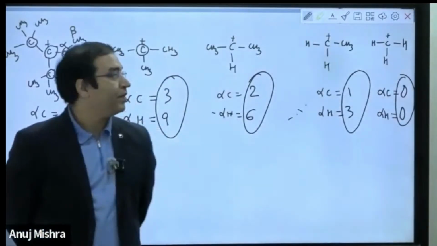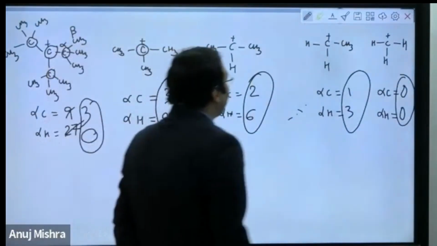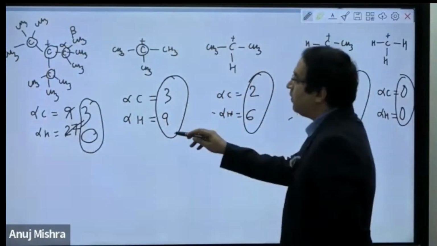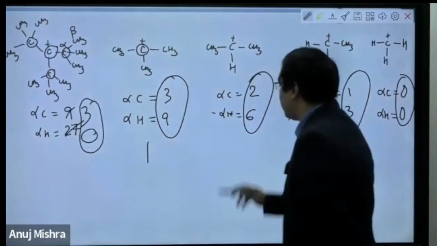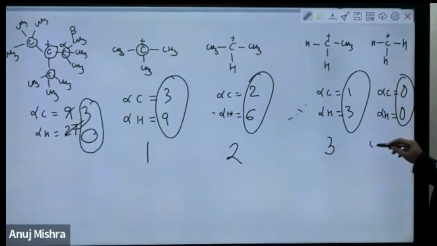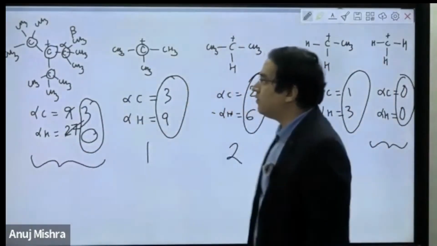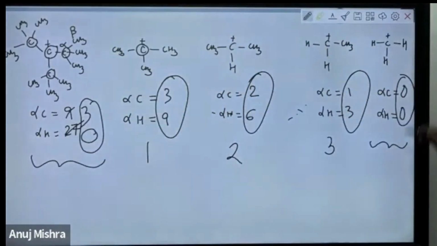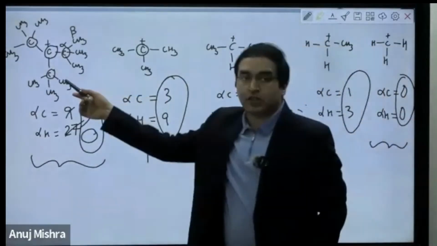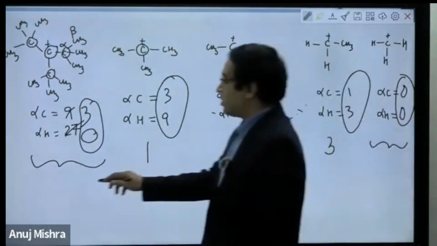Chalo, let's start then. If you see, the one which is having maximum number of alpha hydrogen will be the most stable. Then second, then third, then both are zero, so they will be fighting for fourth placement. Now, which is worse? How do you decide? This is a very bad structure. Why?